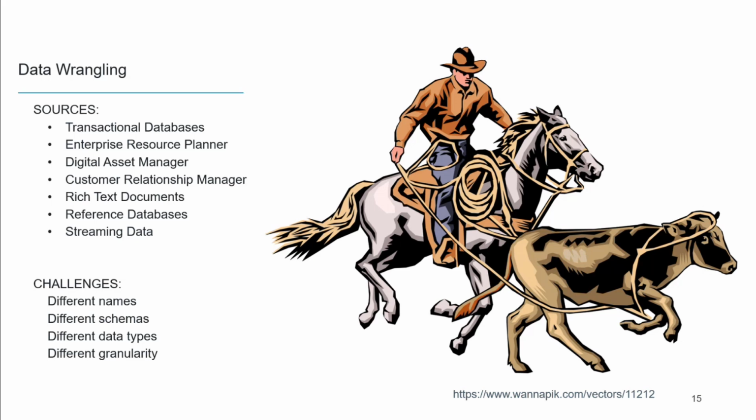So if you have a customer relationship manager application, as well as an enterprise resource planner application, you may have a client, and that client may be represented differently in those two sources. So you need to bring those two sources together and merge them in a consistent way that has a very high level of accuracy so you can trust your reports.